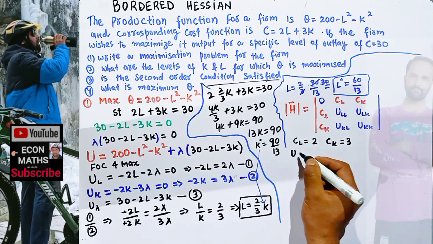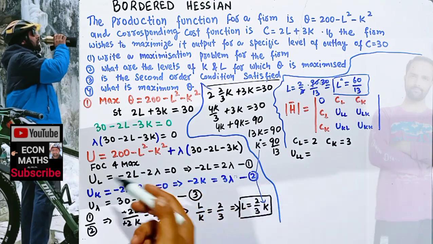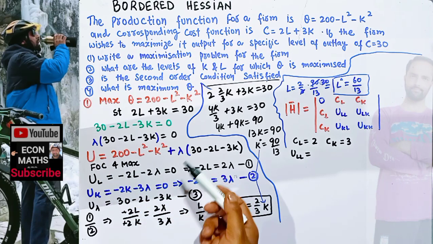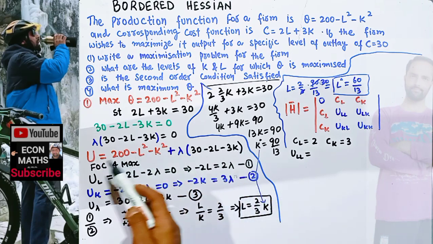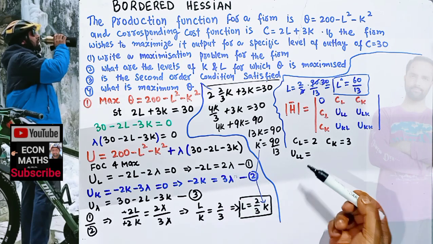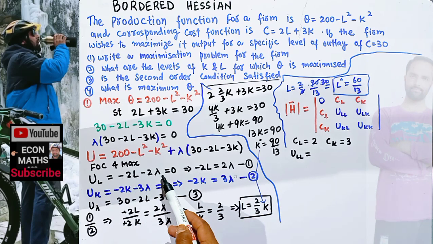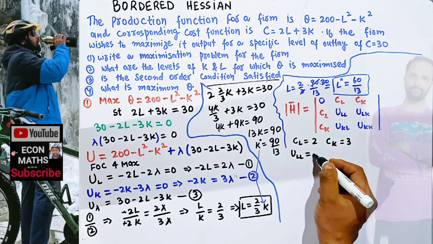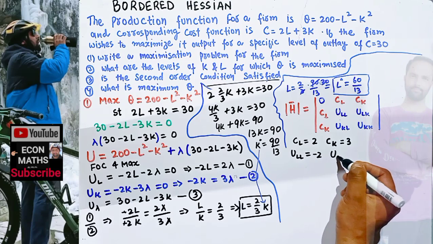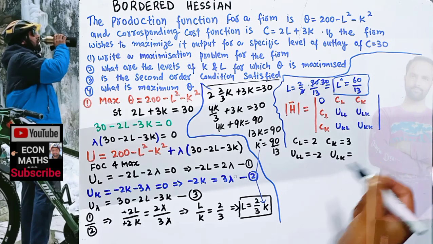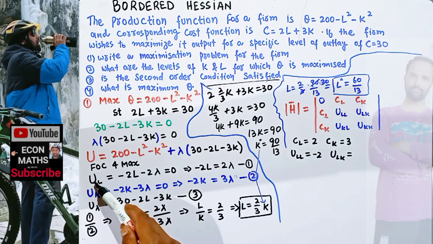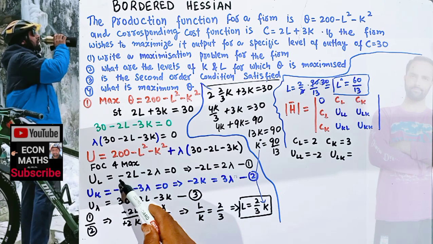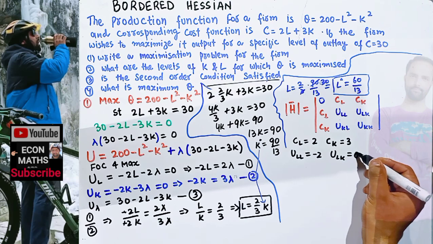Now U subscript LL means the second order derivative of the Lagrangian function with respect to L. This is the first partial of the Lagrangian function with respect to L. ULL means again differentiating with respect to L, so we are left with minus 2. ULK means partially differentiating this function with respect to K. Since no K is involved, the derivative is 0.